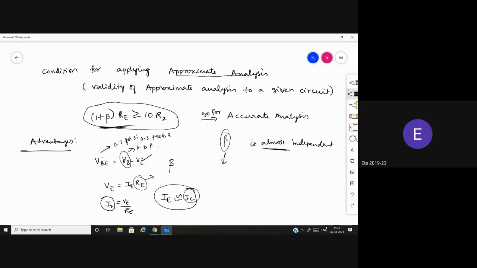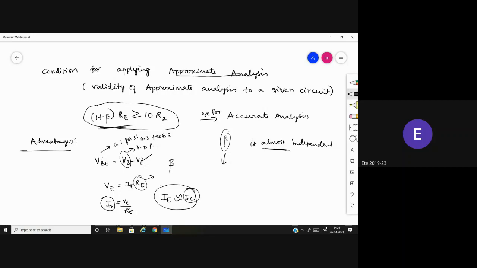It is just like vehicles, even though we take the same model, the mileage has a slight variation from one vehicle to another. The same way in a transistor, if you replace one transistor with another, the beta value might change. So that is one of the major issues we have.